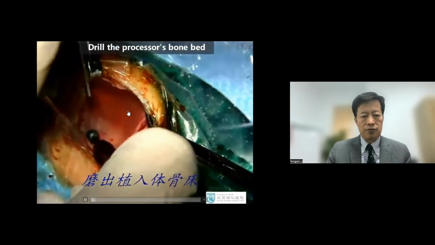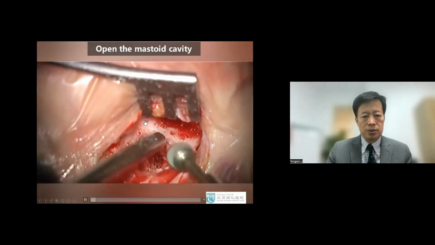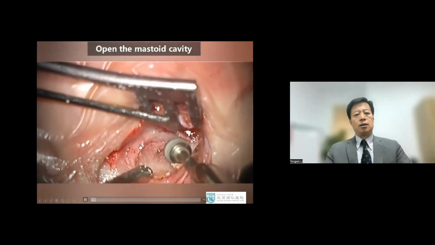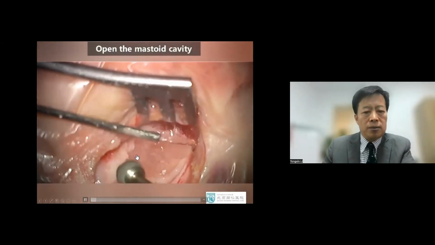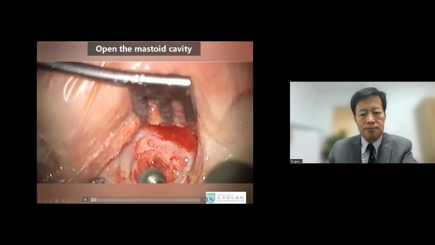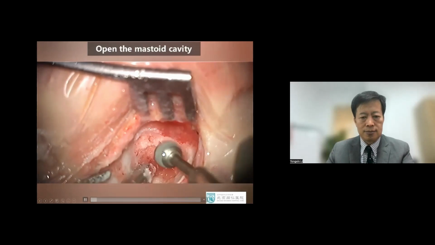So we made the bed first. After this, we opened the mastoid, just like this.